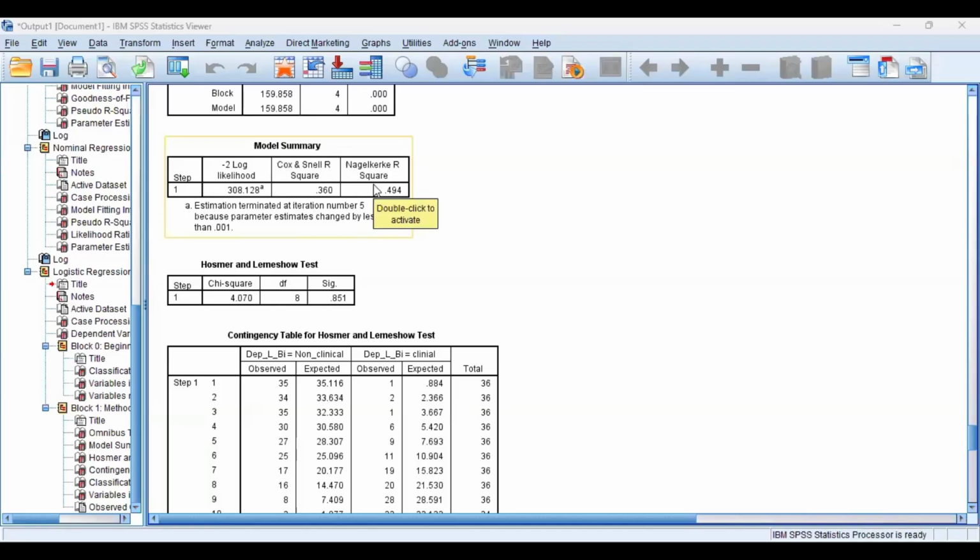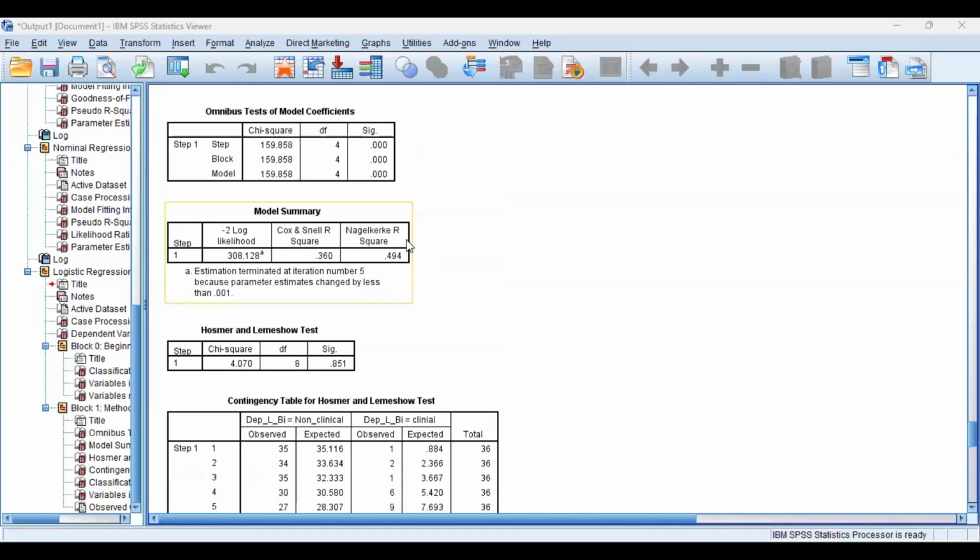Both can be reported, they are both acceptable, because they are just different alternative measures to show the general R square of your model. However, the Nagelkerke R square is usually recommended to be a more robust measure of your omnibus prediction of your variable.